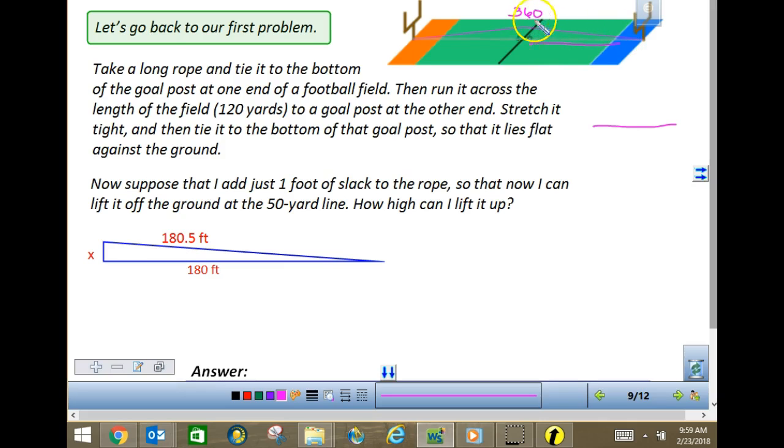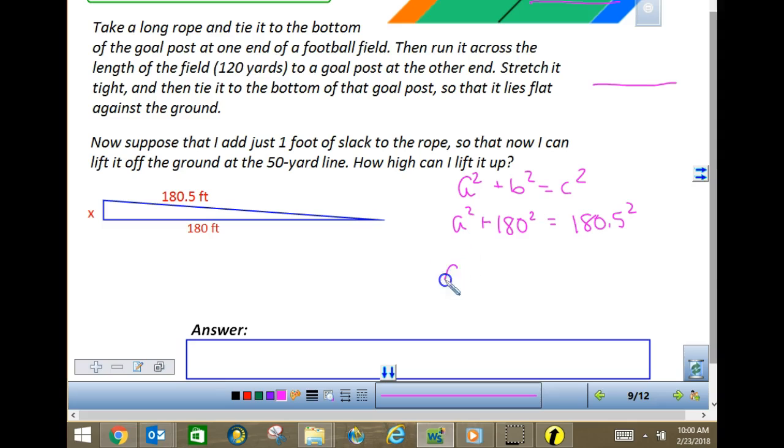So this going up, I had to add half a foot up to this point, right? So I have 180.5. So let's check and see what we could do. A squared plus b squared equals c squared. A squared we're going to leave. B squared is going to be 180 squared equals 180.5 squared.